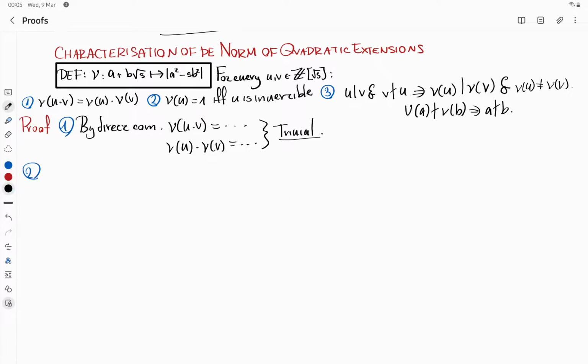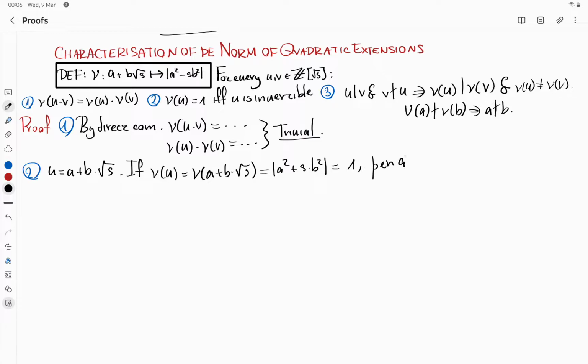That one's more interesting. We shall denote u to be some a plus b times the square root of s. If nu of u, which is of course the nu of a plus b times the square root of s, is equal to 1, well, by definition this is also equal to the absolute value of a squared minus s times b squared, which is equal to 1.